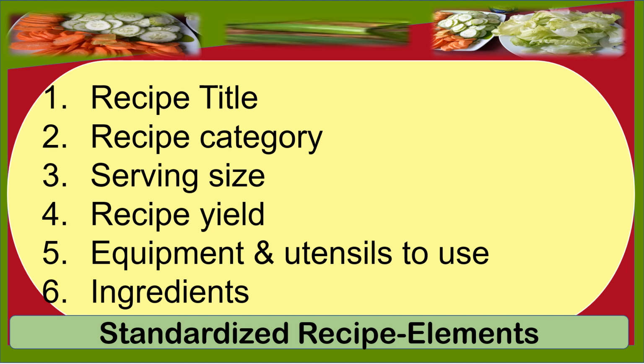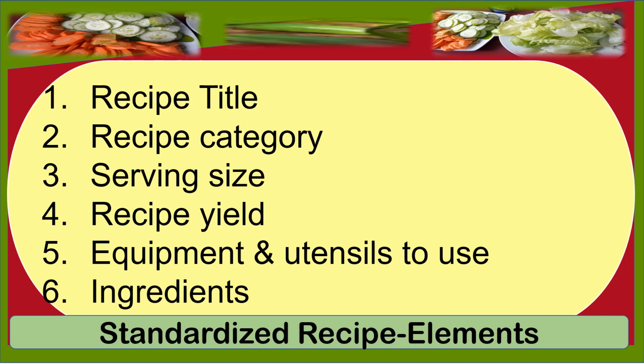Number three, the serving size. This is the single required portion of the final product being served. Okay, then the recipe yield. This is the total number of servings available when the final product is being made. Right, number five, the equipment and utensils to use.